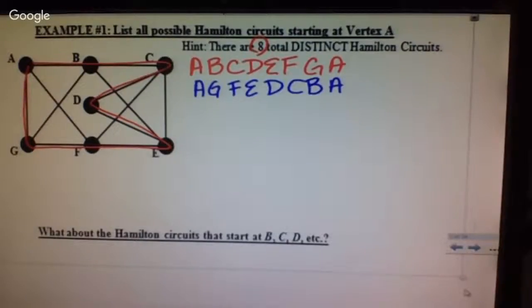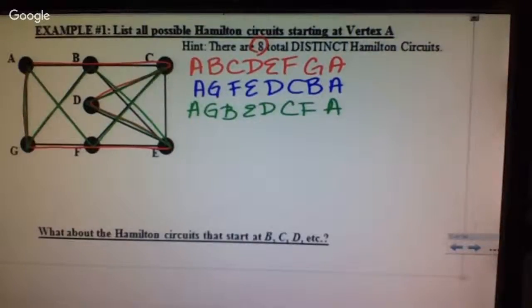A, G, B, E, D, C, F. Okay. So A, G, B, E, D, C, F, and back to A. Now we can reverse it. A, F, C, D, E, B, G, and back to A.